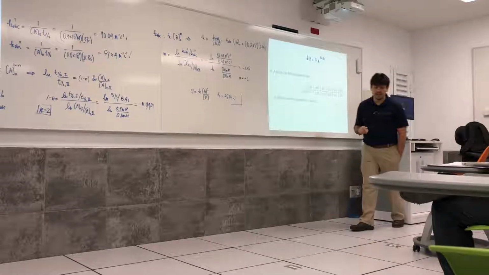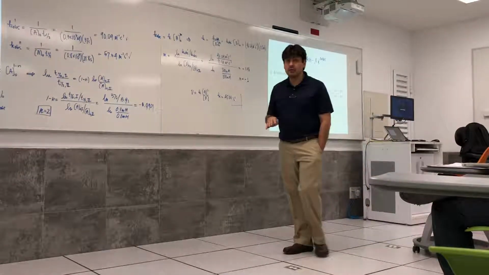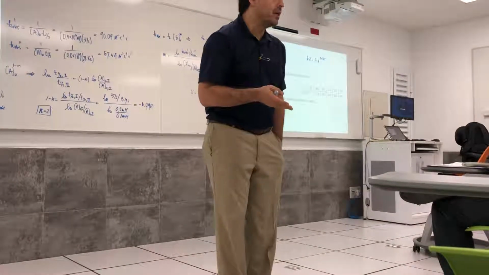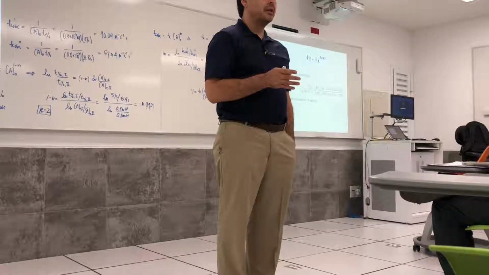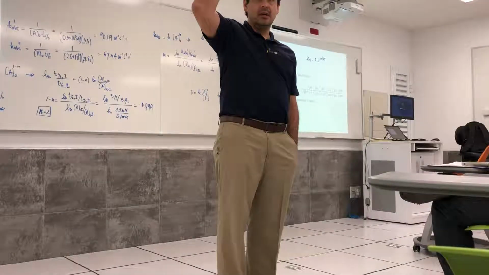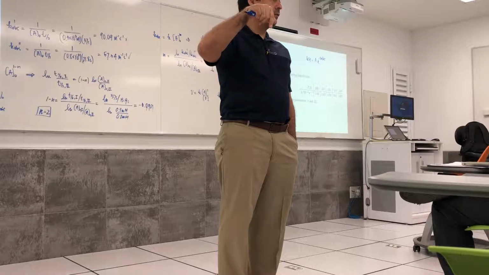And what we will observe almost always is that as we increase temperature, the rate of the reaction will increase. Almost always. There are some cases in which by increasing temperature we actually reduce the rate of the reaction.